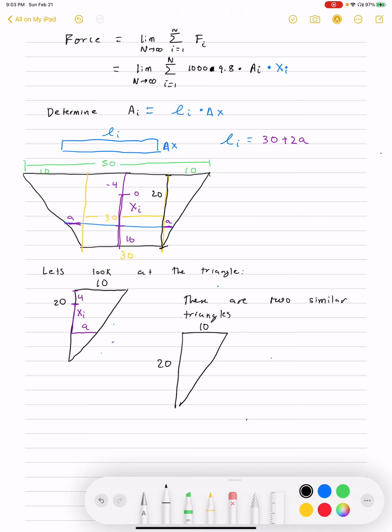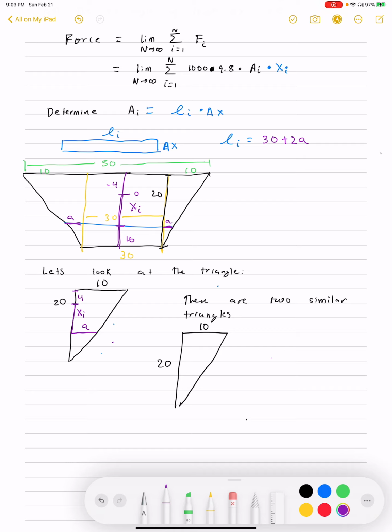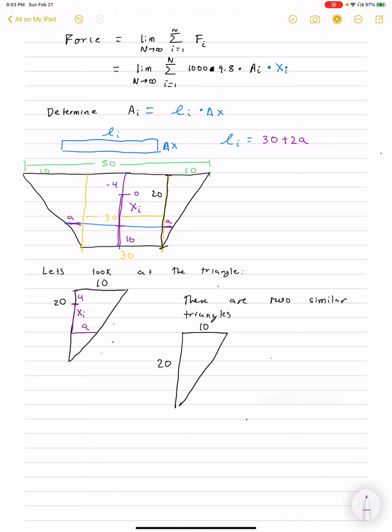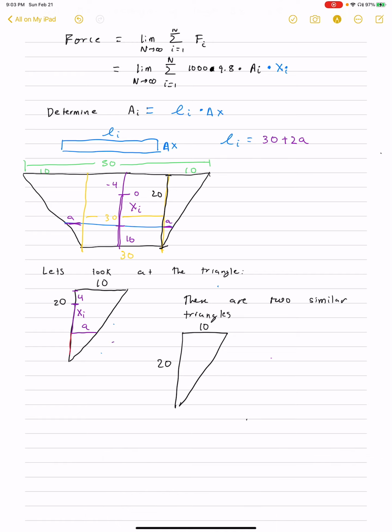Okay. Here's going to be the other triangle. And I think it'd be convenient just to draw this other triangle in red. Okay, so there's that other triangle.